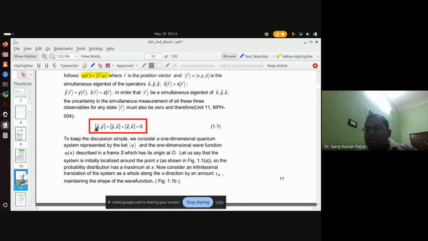As I have already told, A operating on B is the same as B operating on A. To keep the discussion simple, we consider a one-dimensional quantum system, which is represented by the ket ψ, and a one-dimensional wave function ψ(x), described in a frame S with its origin at O.